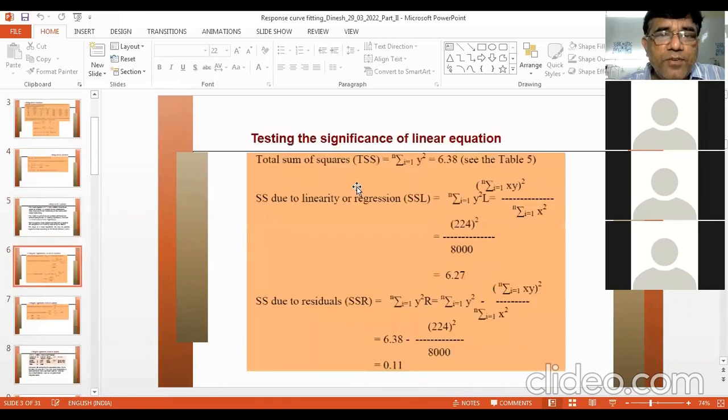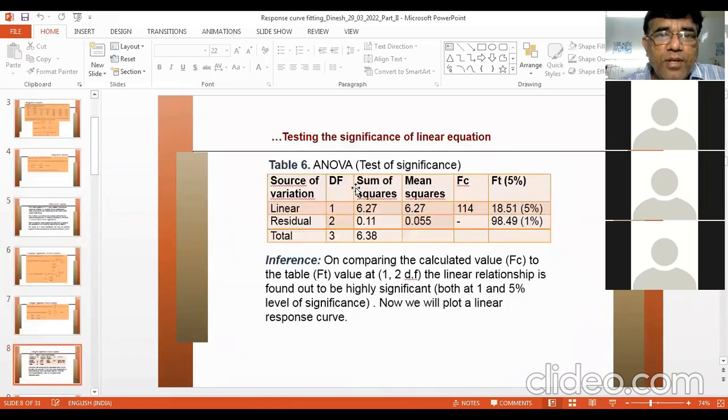Therefore, the total degree of freedom is 4 minus 1, which is 3, and for residual it is 3 minus 1, which is 2, and for linear or regression it is 1. Sums of squares you have calculated for regression, residual, and total. You can put in the values, divide them by degrees of freedom to get mean squares, and then F calculated.